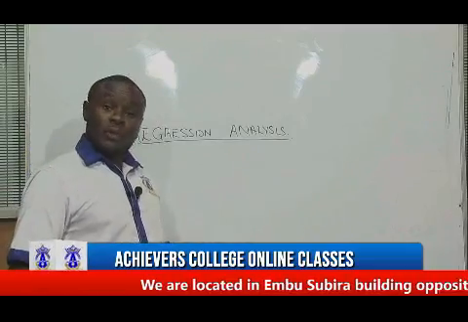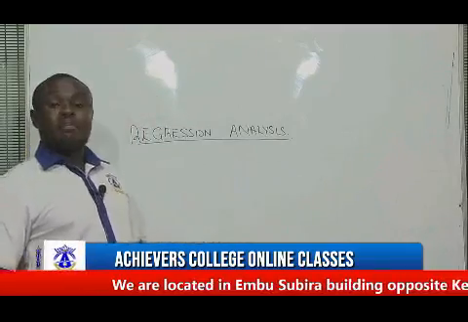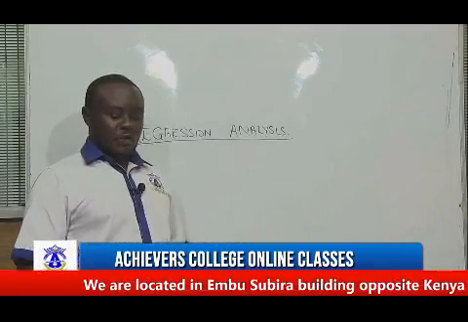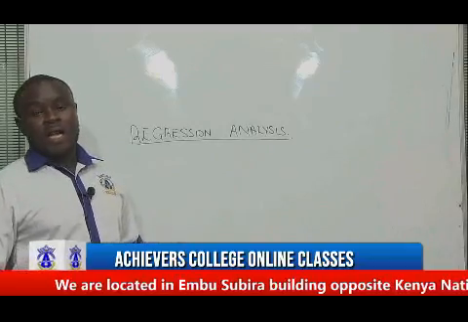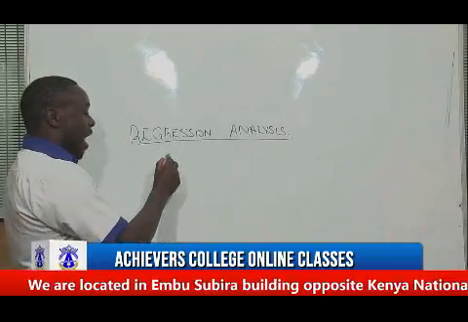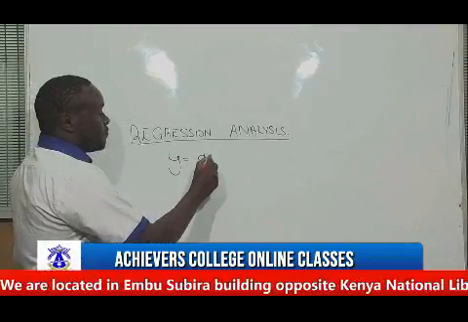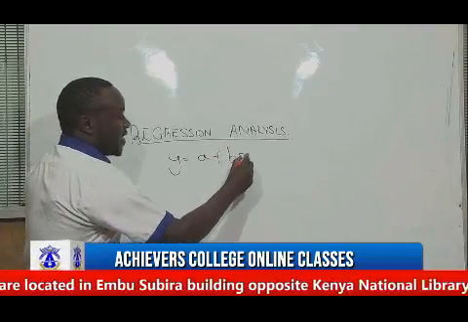The relationship between the variables in a simple linear regression is obtained through a regression equation, that is y equals a plus bx.